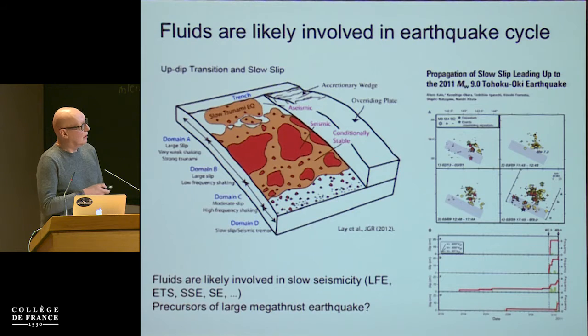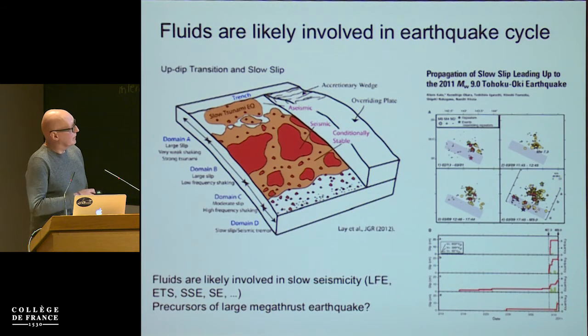Their characteristics often make people think that fluids are involved in the generation of these slow events. And it is thought that these slow events are often precursors of large megathrust earthquakes.